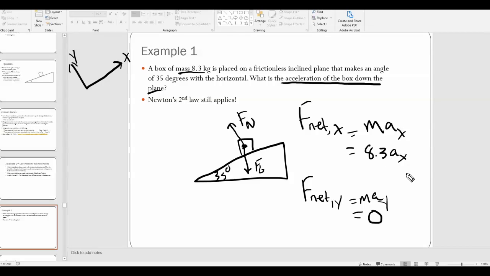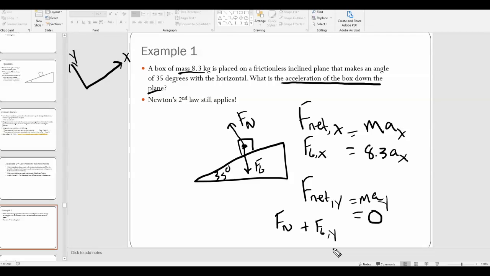So I'm looking for ax, because ay is 0. And then I write down the sum of the forces. What forces are acting in the x direction? Because of my rotated coordinate system, I have FGX. In the y direction, I have the normal force, and I have FGY.